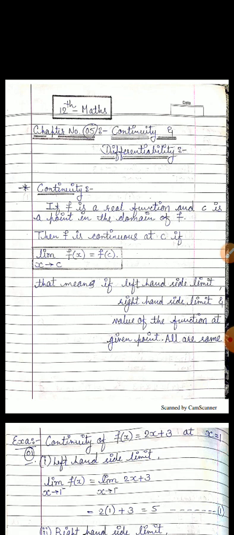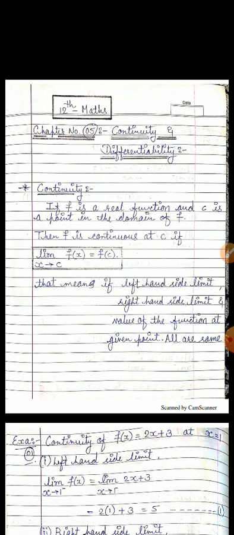What is continuity? Suppose any function is given to you and you have been asked to check whether that given function is continuous or not. We have studied different types of functions in 11th Science, Relation and Function, chapter number 2, like Modulus Function, Signum Function, Greatest Integer Function, Least Integer Function, Constant Function.